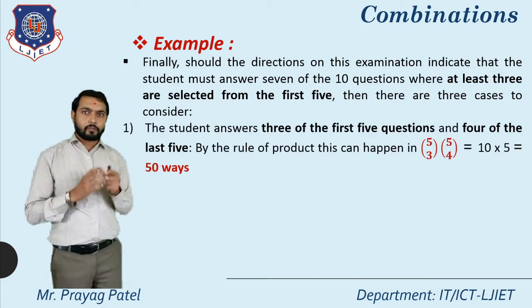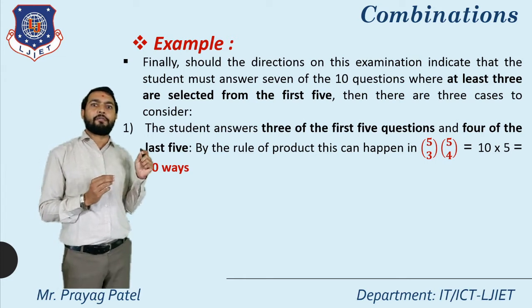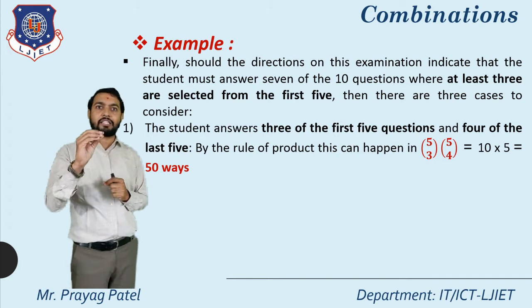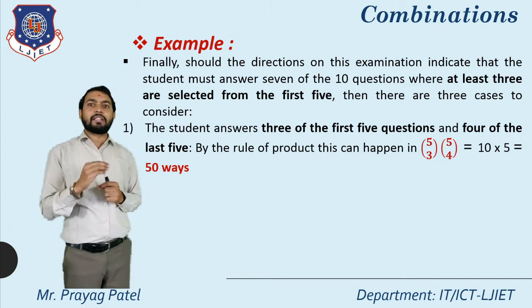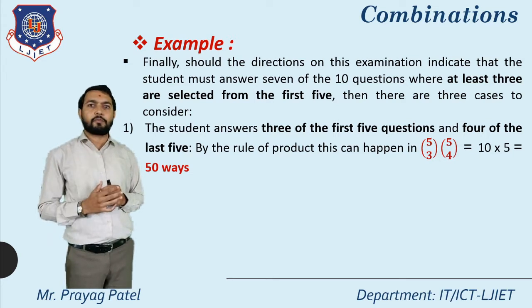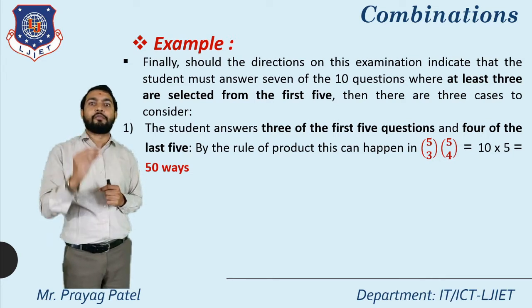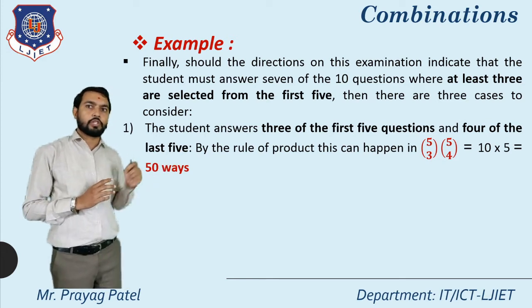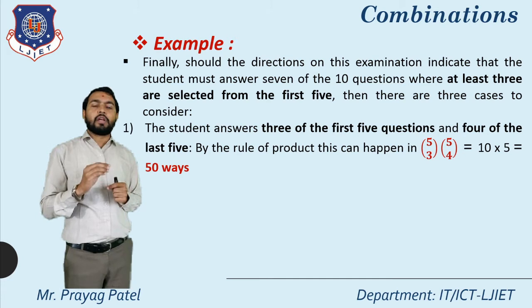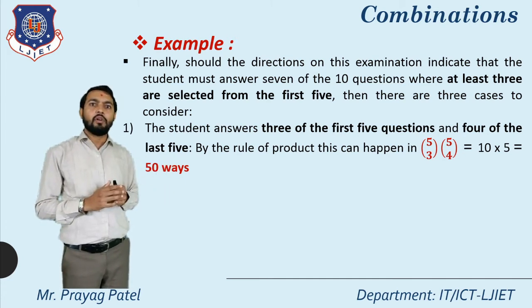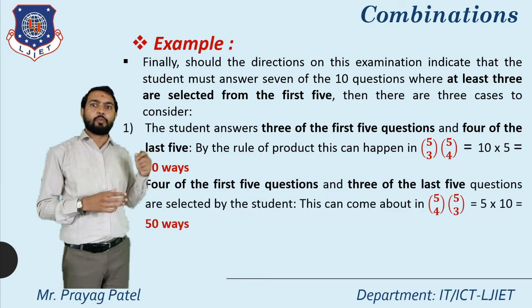First case, the student answers 3 of the first 5 questions and 4 of the last 5 questions, because at least 3 means the student can select 3, 4 or 5 questions from the first 5. So in the first case, 3 questions from the first 5 then 4 from the last 5, the combination is 10 into 5 equal to 50 ways as in the previous case.